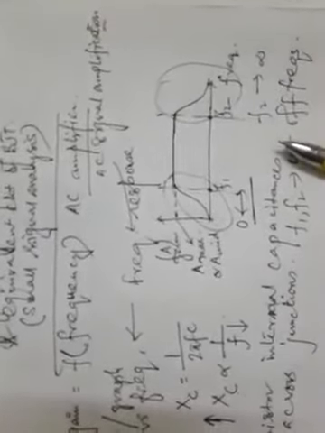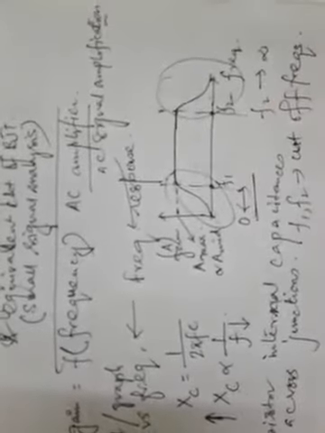These two defining frequencies F1 and F2 are called cutoff frequencies. So what is the meaning of cutoff? Here cutoff means the voltage gain will be steadily decreased after this point, that means outside this point. That is the meaning of cutoff here.